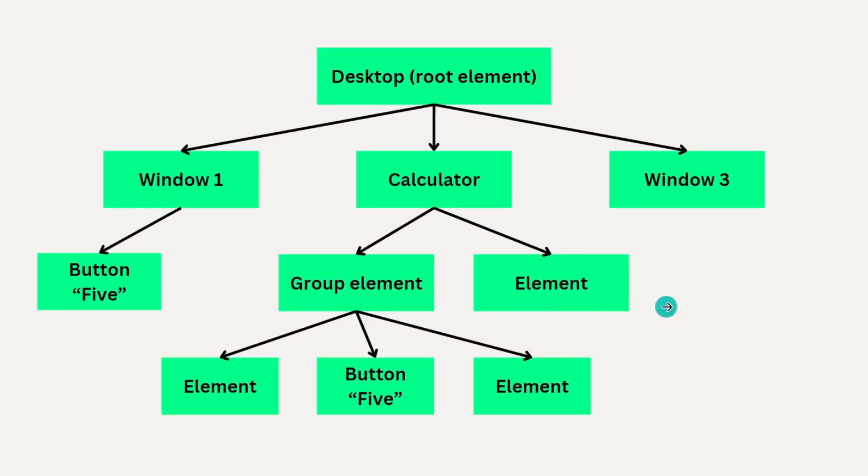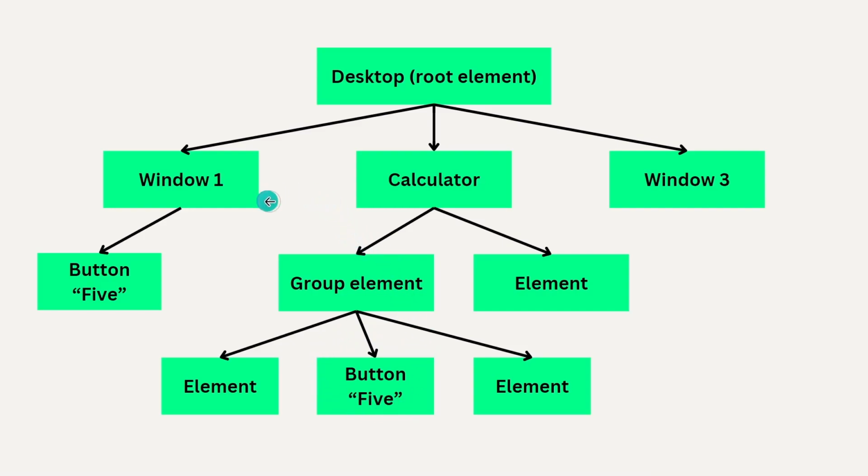So here is a visual representation of the UIA tree, and at the top of the tree is the desktop element. Then underneath that are the window elements, among which is the calculator window as well. Then inside that are the group elements, and inside the group elements finally are the actual elements themselves, for example the number 5 button.